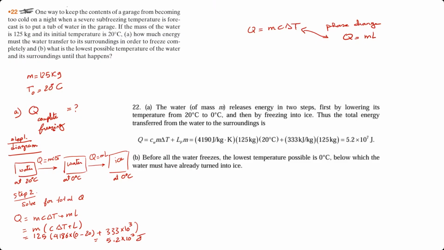In part B, what is the lowest possible temperature of the water and its surrounding until that happens? So for all the water to freeze, I need the temperature to be 0 degrees Celsius, definitely. Otherwise, there will be no equilibrium between the room and the water. So the lowest possible temperature for the water is 0.